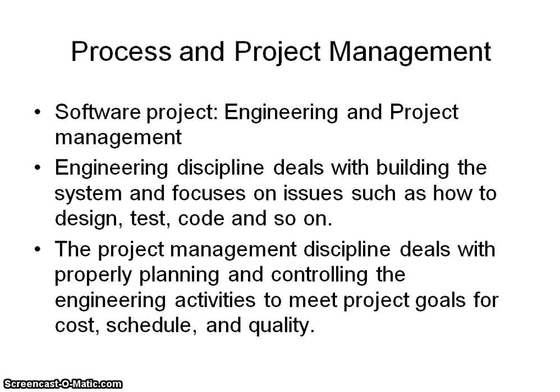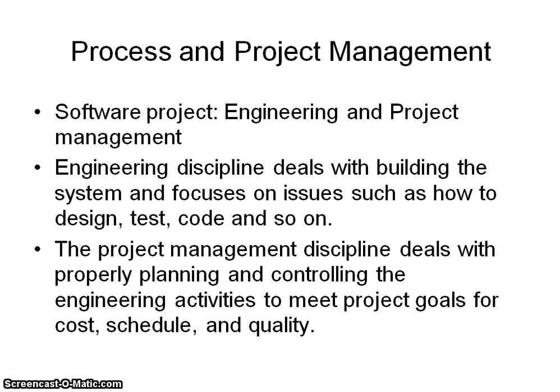Let's first see what is the relationship between process and project management. A software project has two main activities, engineering and project management. The engineering discipline deals with building the system and focuses on issues such as how to design, test, code, and so on.